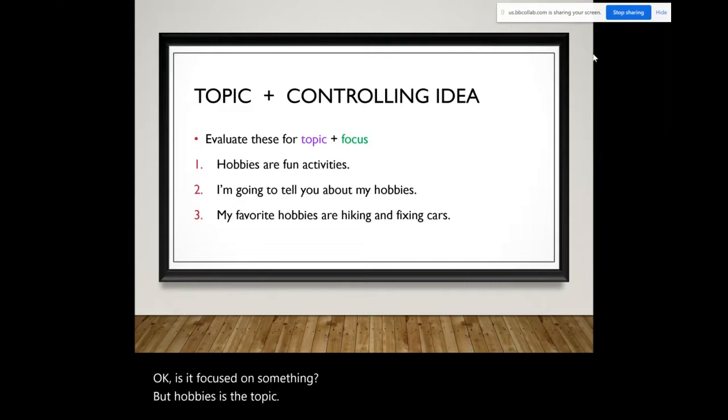So what are we going to focus on in this? Because remember, we need the controlling idea, we need the focus. So where is the focus? Are fun activities. Okay, so hobbies, is that the same as fun activities? No.